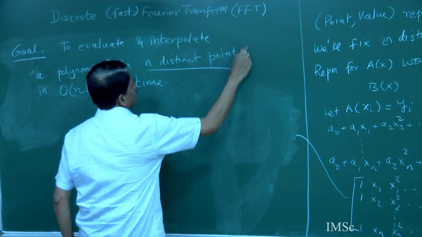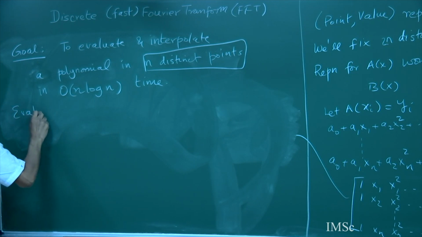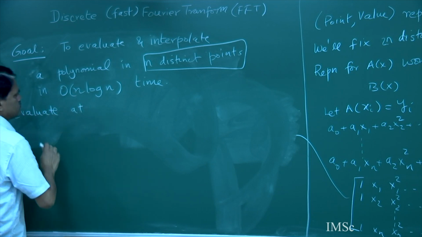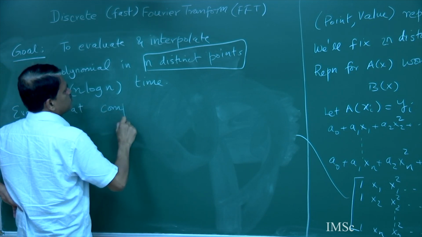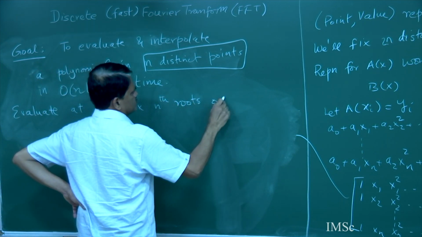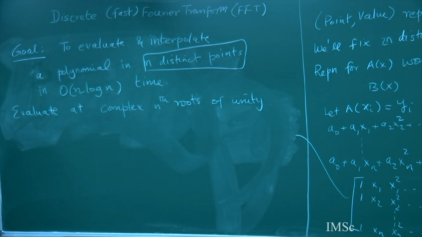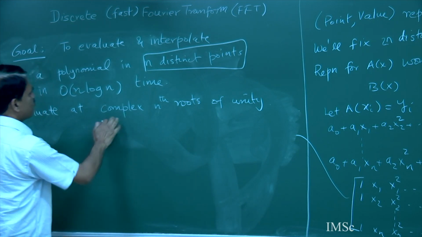So what points are we going to use? We will use complex nth roots of unity. Hopefully you've all seen this, but you would not have imagined that it will have some application here, but we will quickly refresh what they are and what their properties are, and then we'll get on with how fast we can evaluate.